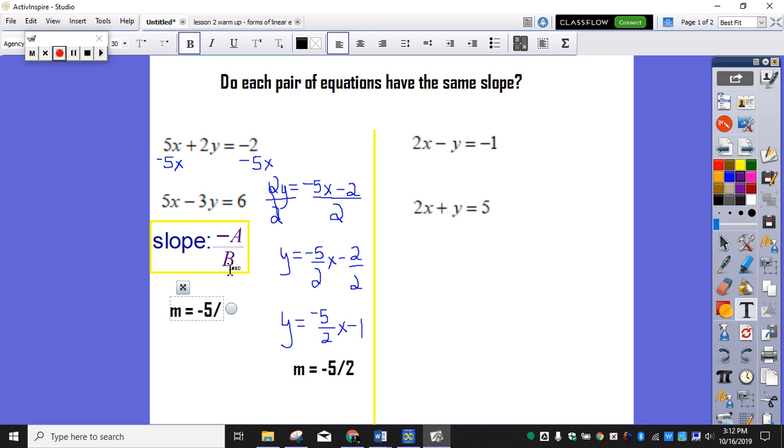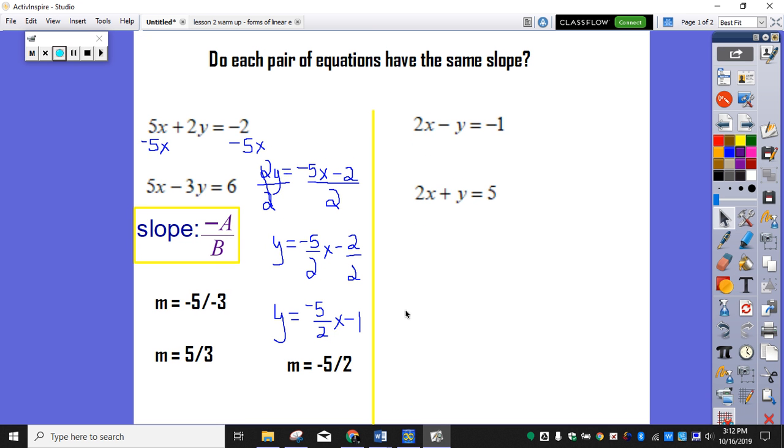And that would be over the b value, which is your coefficient for your y term, in this case negative 3. And we can clean that up a little bit. If the top and the bottom of the fraction are both negative, the outcome would be positive. So the slope of the second equation is 5/3.